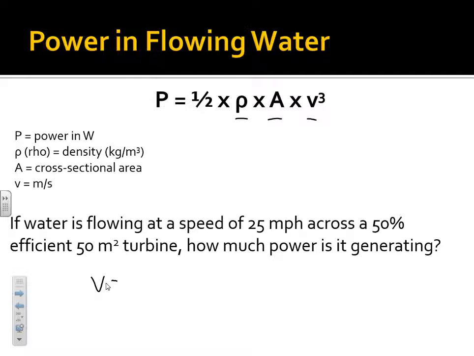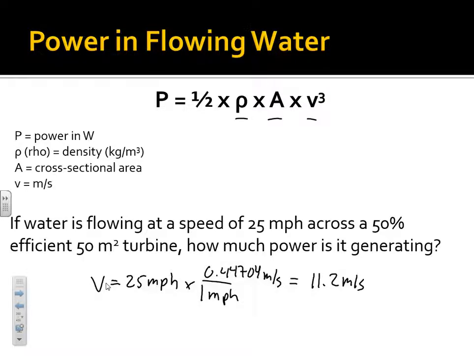Velocity is given as 25 miles per hour, and our factor, if you look it up, is that 1 mile per hour is equal to 0.444704 meters per second. If you calculate that out, we're looking at about 11.2 meters per second. Okay, so that's our velocity.